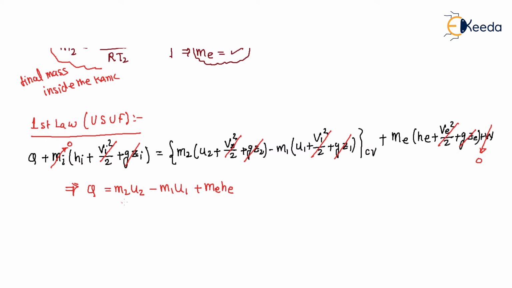And now what is U2? CVT2. What is U1? CVT1. But what is HE, my dear friend? There is no information given, so how can you calculate it? This can be calculated by averaging.